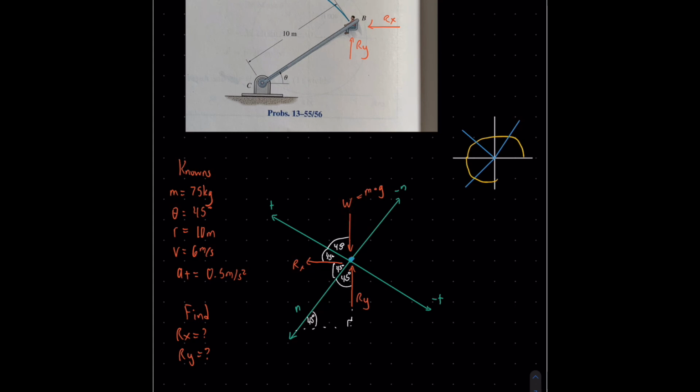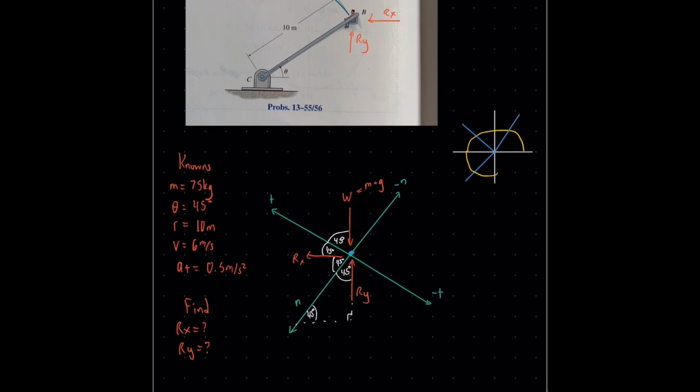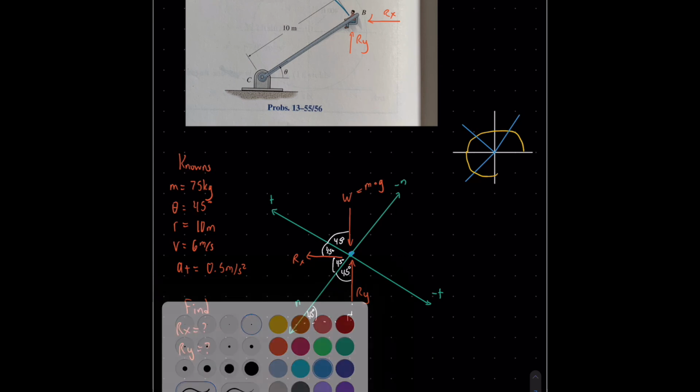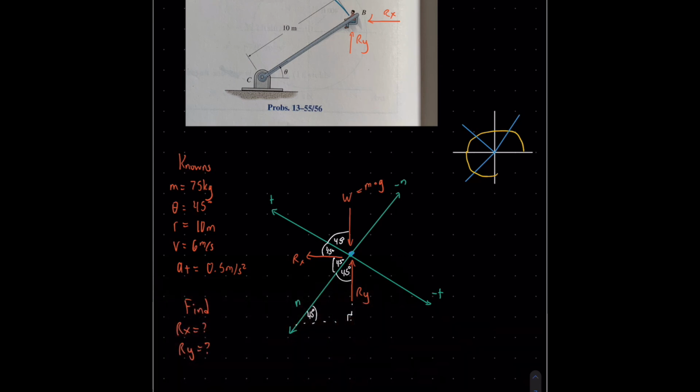Now before I begin summing my components in the normal and tangential directions, I do need to establish the opposite and the adjacent sides of this triangle, so we can solve for our components. So for the reaction of the y, if I'm analyzing that with respect to this angle, I'm going to have to draw a line that is parallel to the tangential direction that goes in the same direction here.